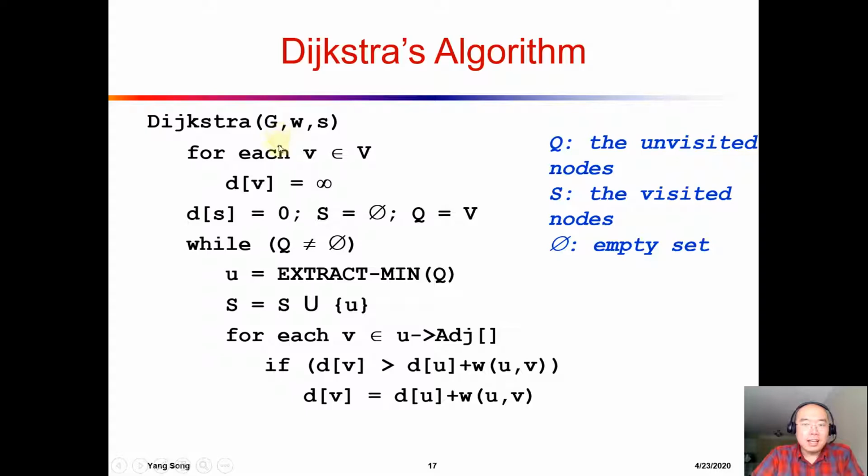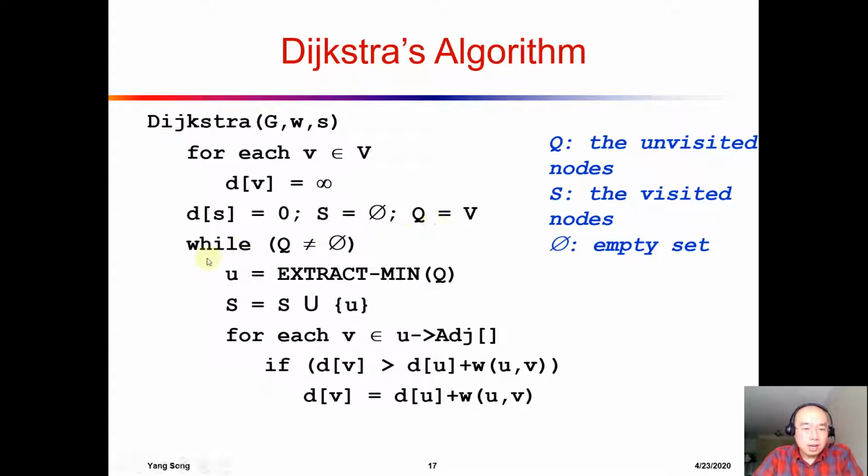And then S. What is S? S is the visited nodes, so S is phi, an empty set. And then for the Q, what is the Q? Q is the unvisited nodes, so Q is V. I'm putting all the vertices into the Q because they are all unvisited for now.